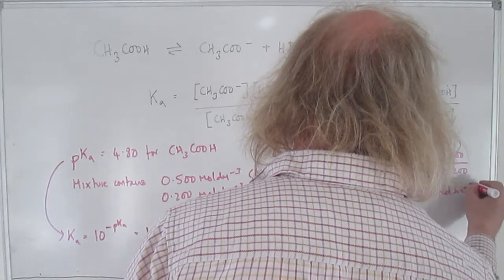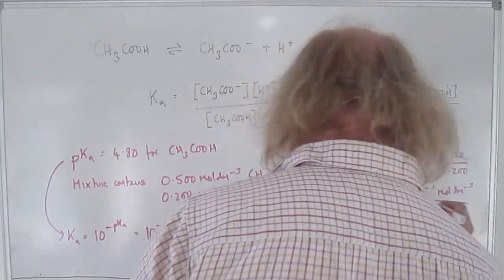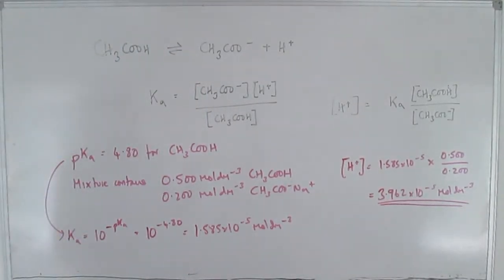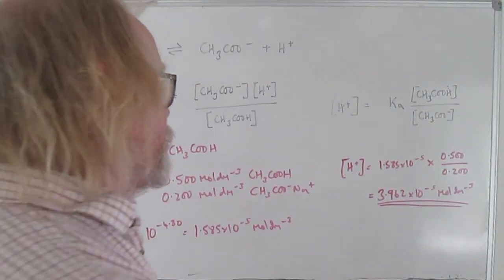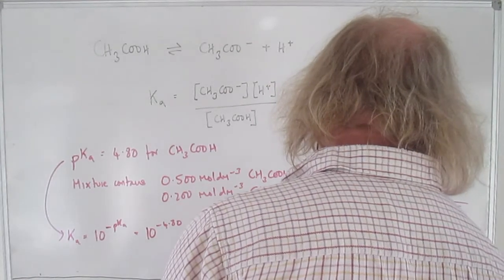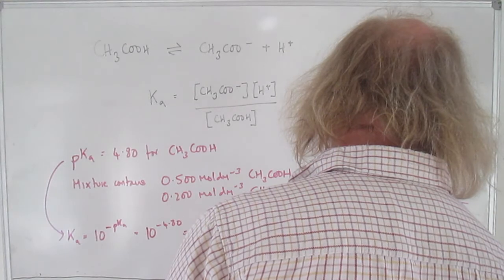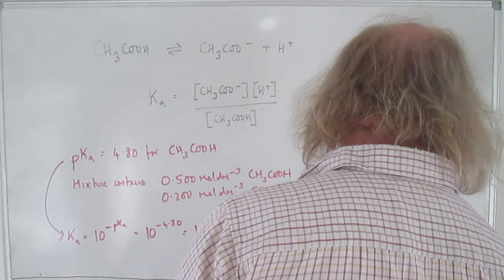Okay, so that's the concentration of H+ that you will have in your buffer solution, and therefore you can work out the pH of that buffer solution as just minus log of that, which is 4.40.